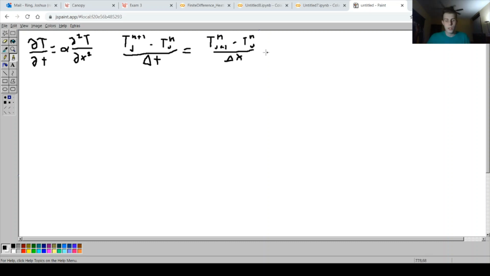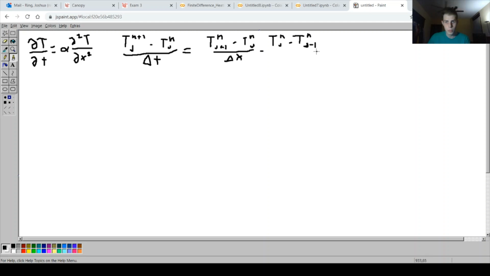And this difference is going to be subtracted from another temperature at time n, position j, and this is going to be subtracted from same temperature, same time, but the position is just going to be a little bit behind, so it'll be j minus 1.